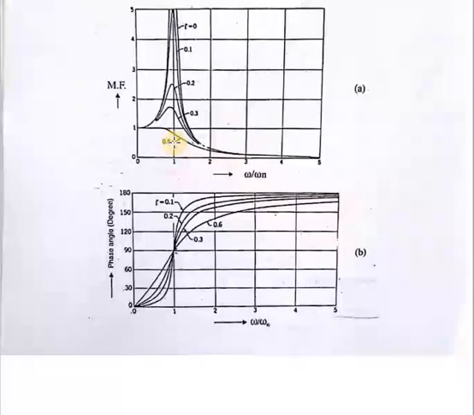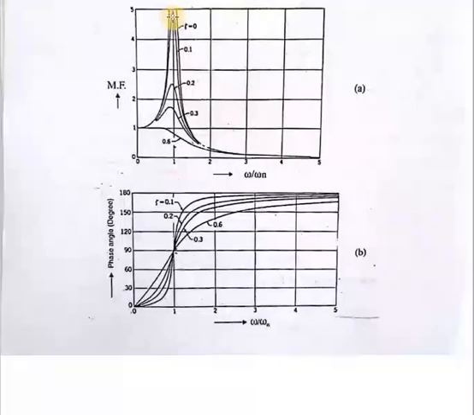So here the curve shows that as damping increases, or zeta increases, the value of magnification factor decreases. Okay. So when there is no damping, that is when zeta equal to 0, it reaches infinity at omega by omega n equal to 1.